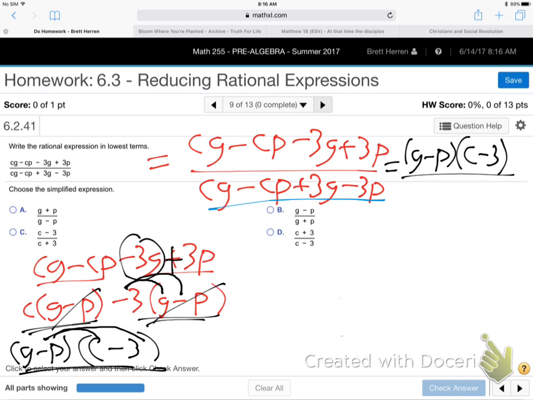So at the bottom, take a C out of those first 2, and then the back 2, take out a 3.